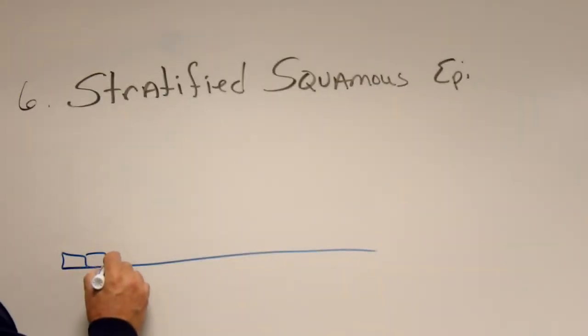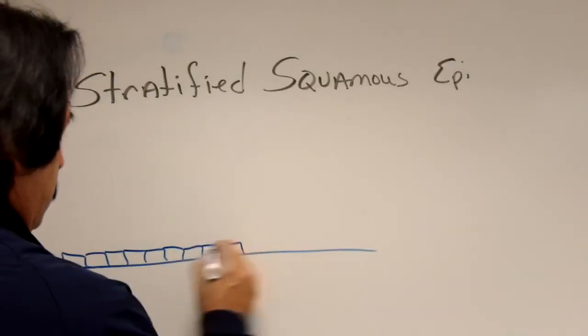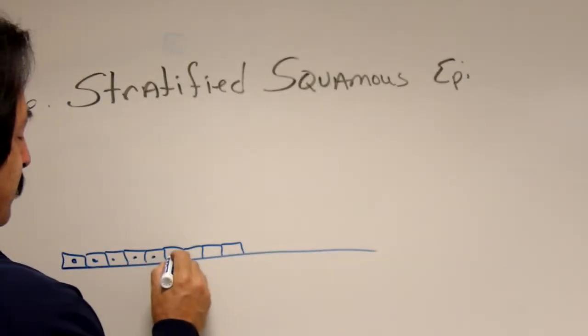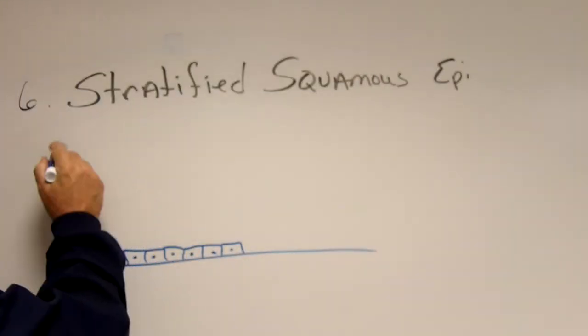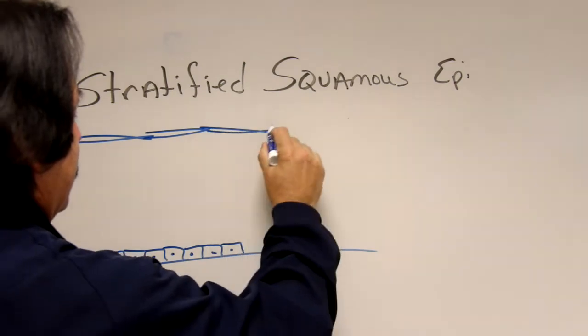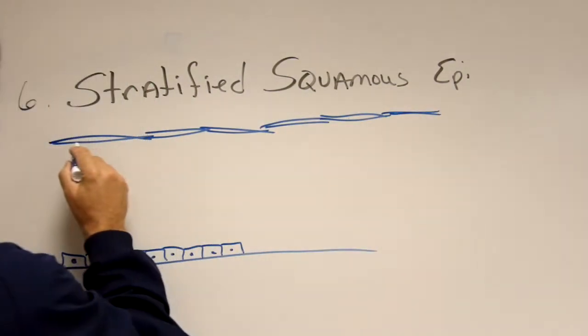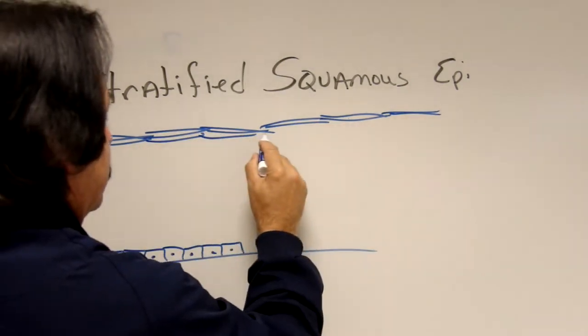Basal layer. Simple cuboidal. Apical layer. What shape is that? If you said squamous, you are correct.